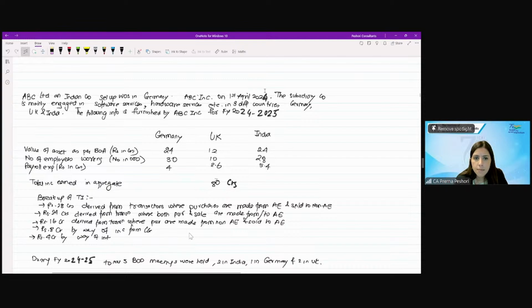Yes, please tell me about the active business outside India test, whether the income test is satisfied. How much is the passive income, students? So you have the 80 crores as your total income, out of which what is my passive income?